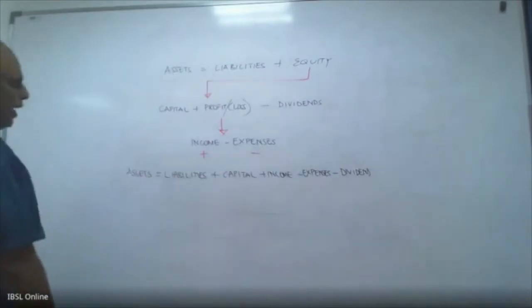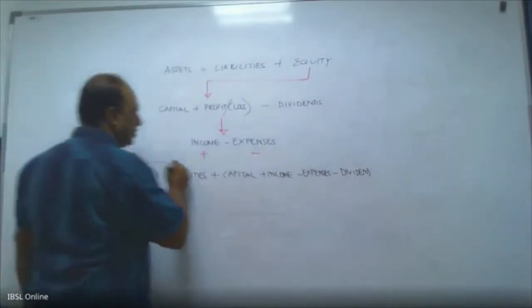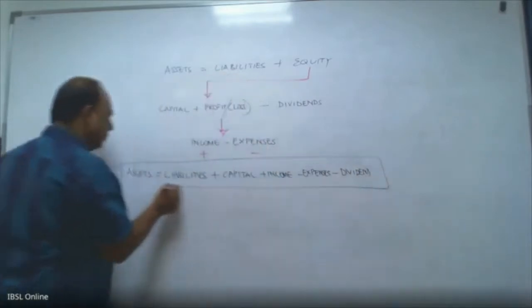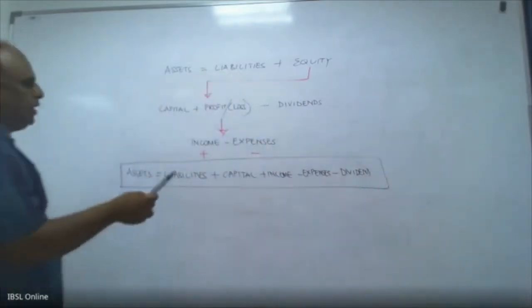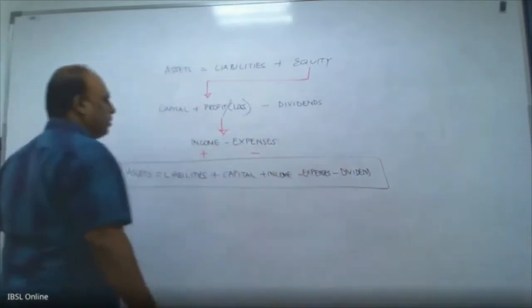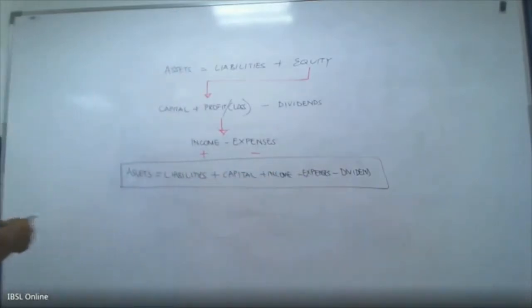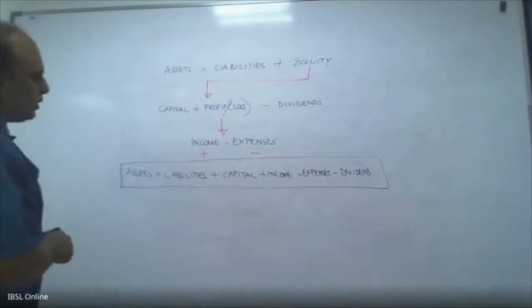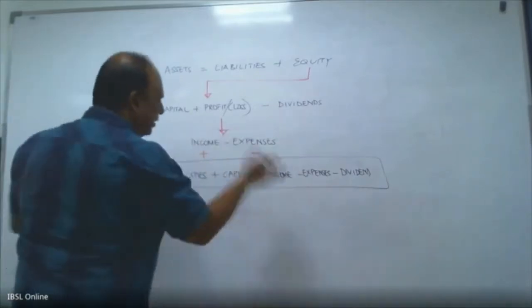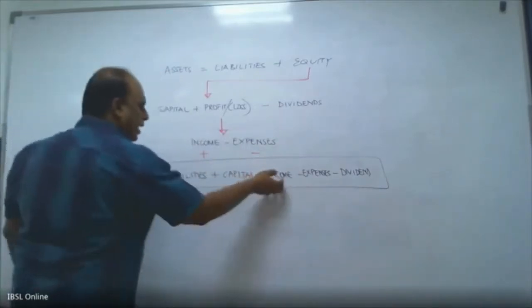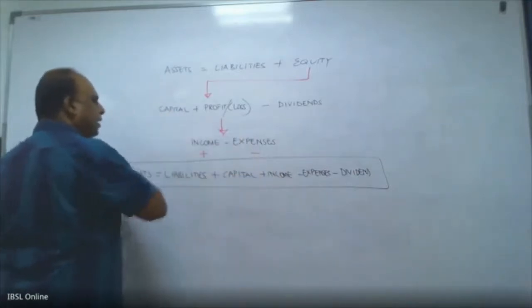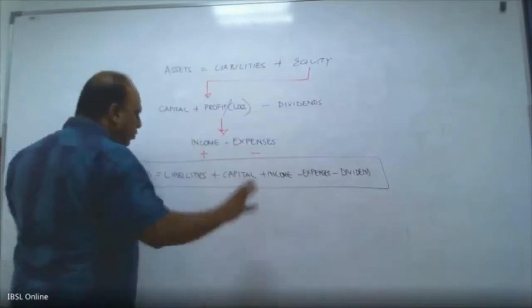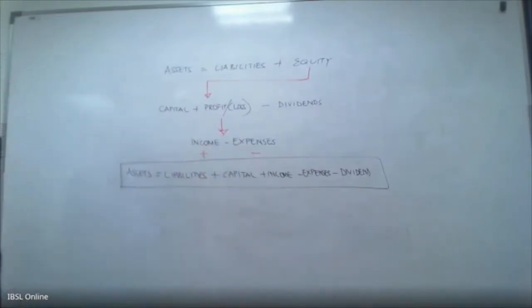So when you do that, this becomes your expanded accounting equation. In addition to that, you can bring in reserves also, but I'm not going to write it now. So this expanded accounting equation can be tested in your examination in any way. They can take the income onto one side, or they can take the income and expense onto one side, put the other things into the other side. So you should know the combinations that are possible.